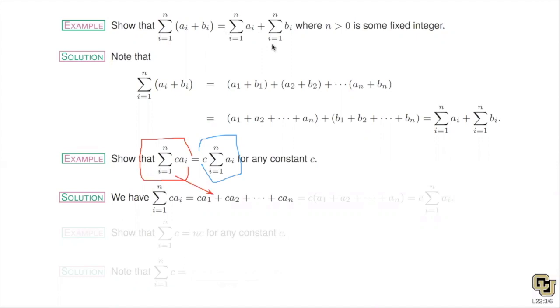On the other side, the C times sigma A sub I, we're doing the summation first, which involves adding the A sub I's first, and then we multiply by the C on the outside afterwards.